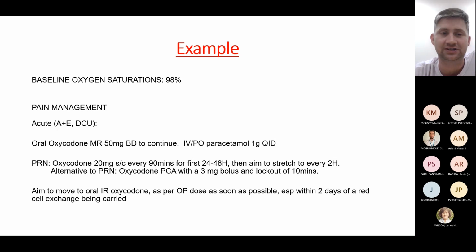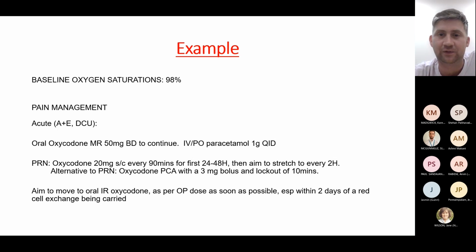We talk about acute, so A&E and daycare unit. So for example, this patient has background oxycodone modified release, which is 50 milligrams BD. They have that at home. And then we continue that in hospital. We will also give IV/PO paracetamol 1 gram QDS as normal.